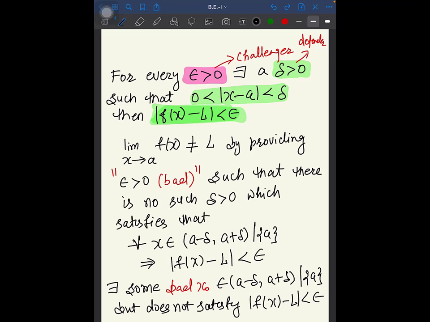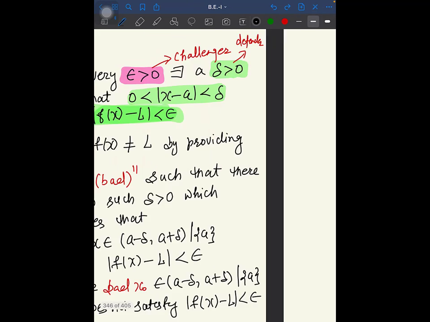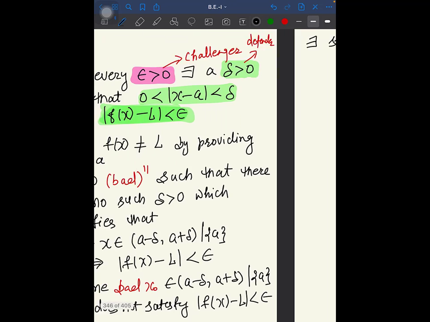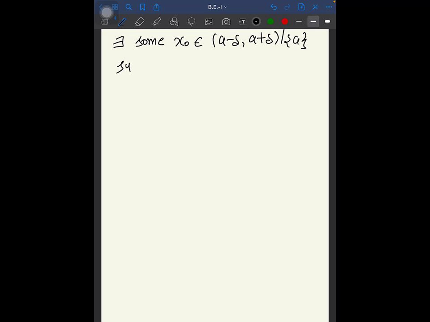In other words, we can rewrite this as there exists some x naught belonging to a minus delta to a plus delta except a, such that the absolute value of f of x naught minus L is not less than epsilon. When it is not less than epsilon, what does that mean? It has to be greater than or equal to epsilon.